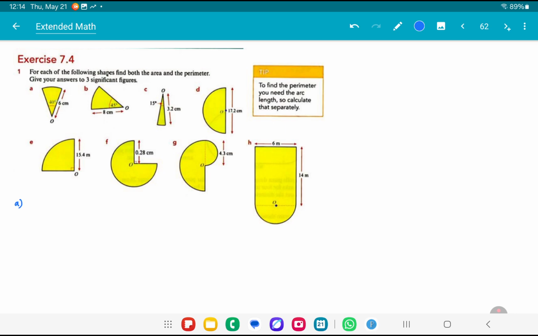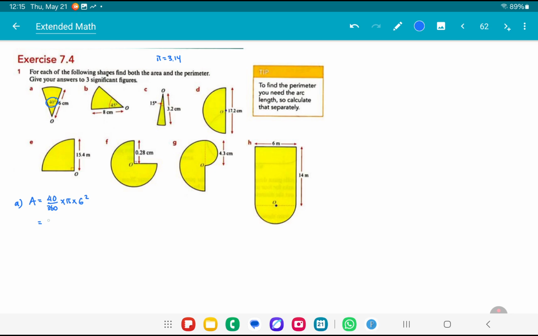We can see that the angle of the sector equals 40 degrees. So we can find the area: 40 over 360 multiplied by pi and the radius 6 squared. Using pi equal to 3.14, we got the final answer: 40 divided by 360 multiplied by pi and 36.